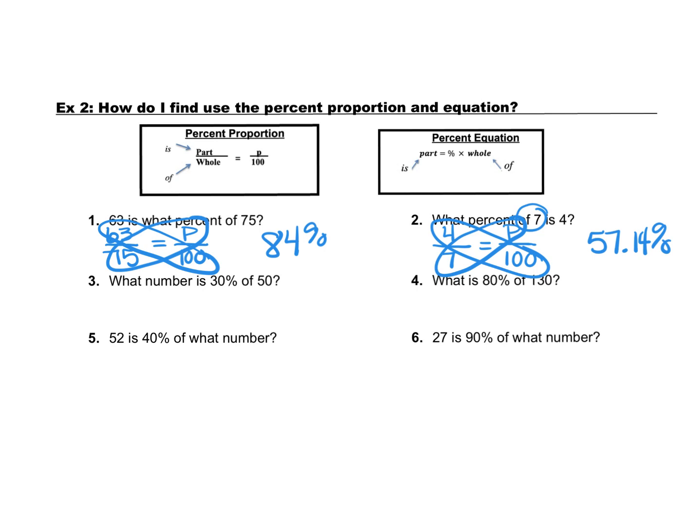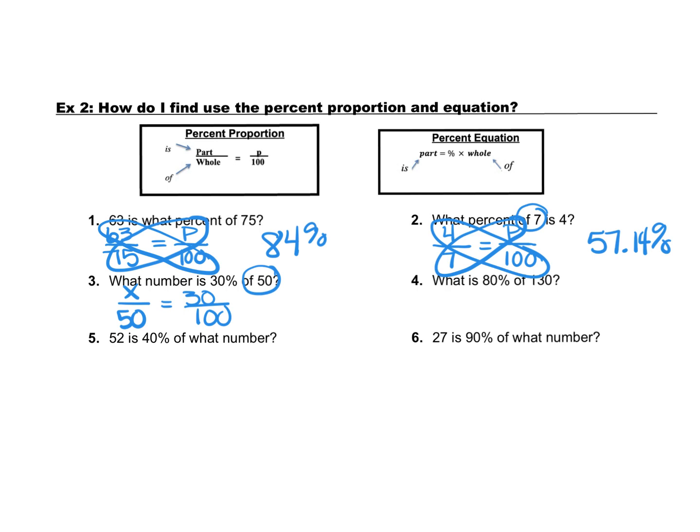All right, question number 3. It says, what number is 30% of 50? So we're looking for that "what number is." And then we've got our 30%. The percents always go over the 100. And notice that we know that that bottom number is going to be 50. And you're solving for that "what number."